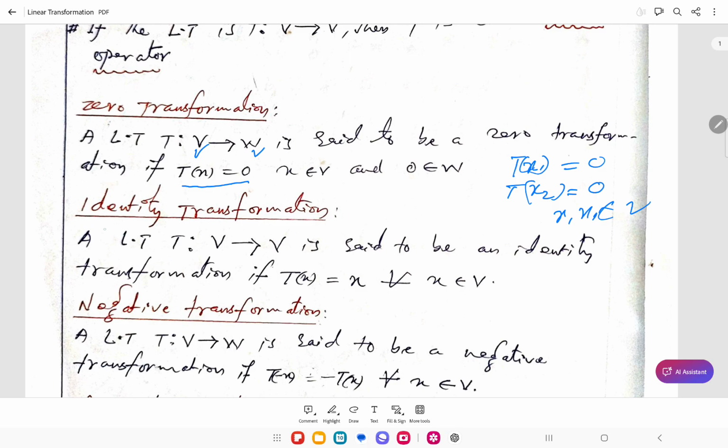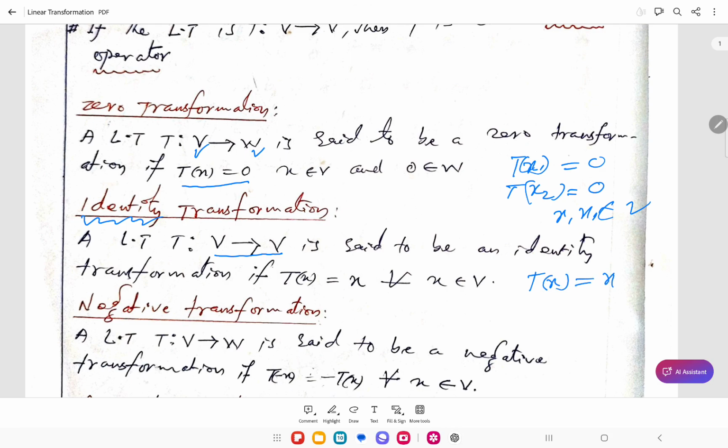Then what is identity transformation? Identity transformation is also a particular case of linear transformation from vector space V to V. It is a particular case of linear operator. Whatever input you give to the function T, it will return the same vector.